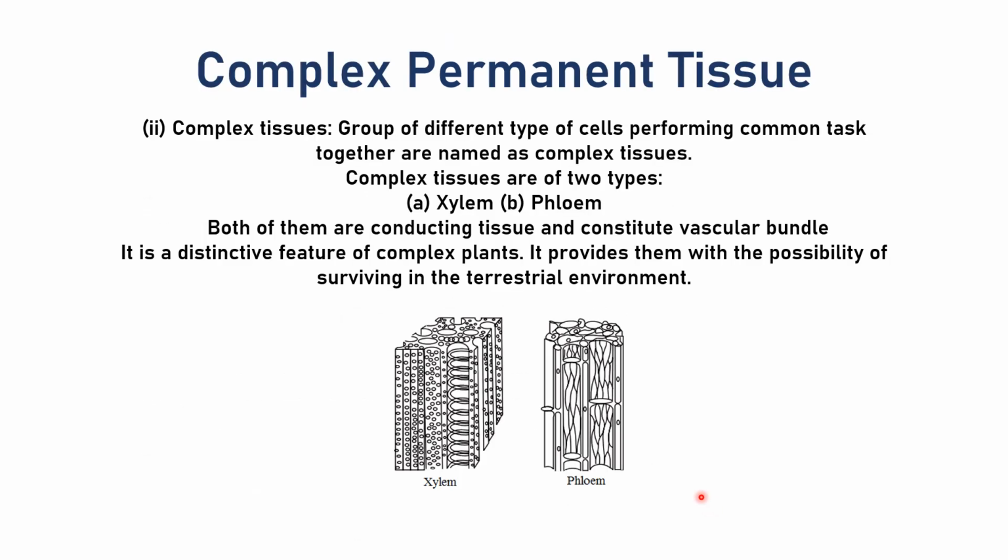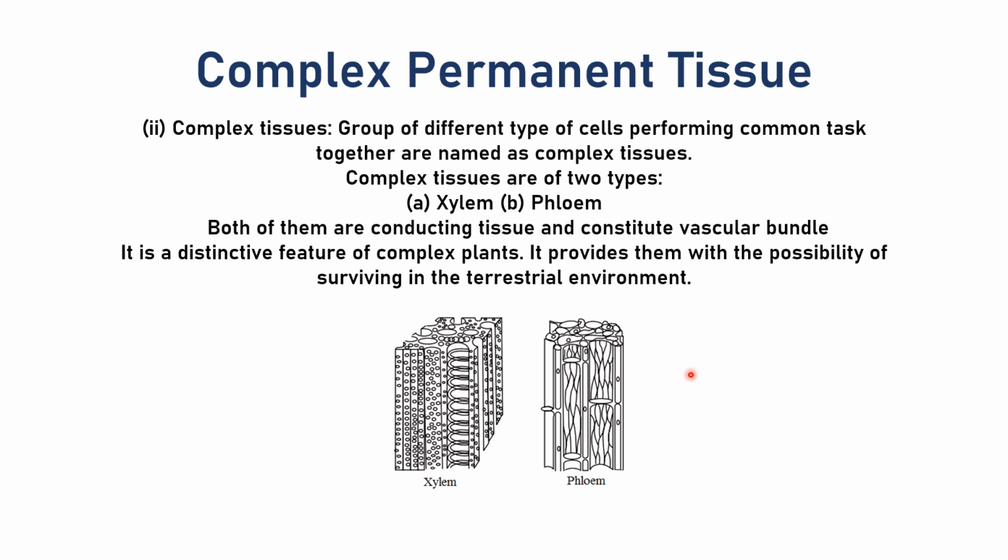Coming to the complex permanent tissue. Complex permanent tissue, as the name suggests, is made up of cells which are of different shape and size, right? Though their appearance is different, students, their function or motive is the same.